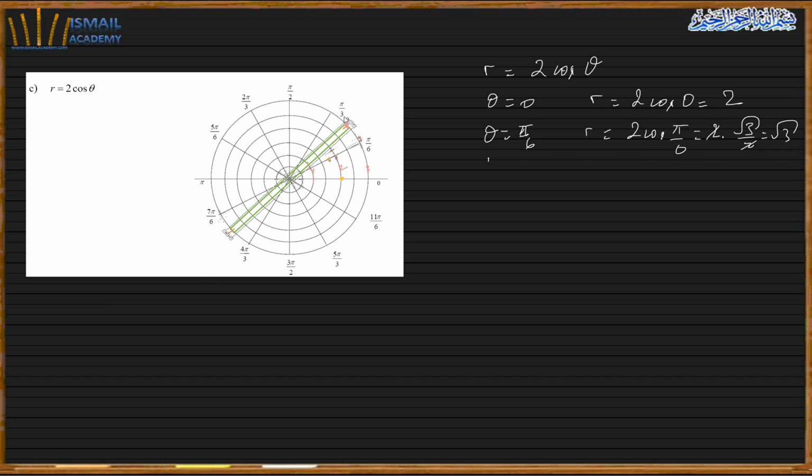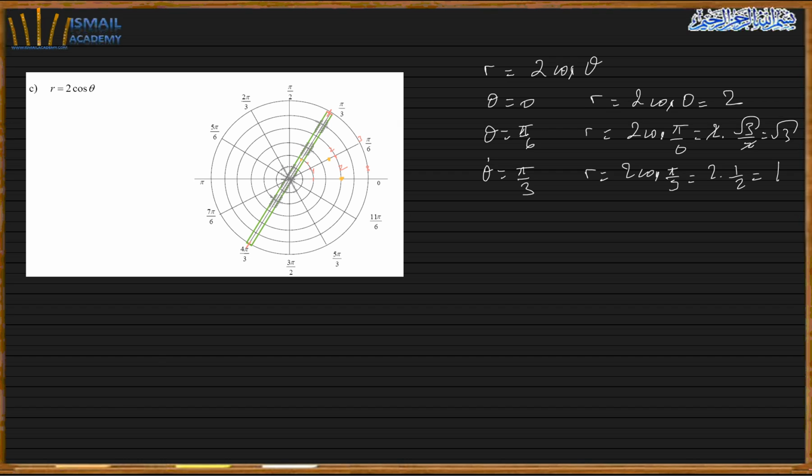Then what I do next, I rotate to pi over 3. Pi over 3 is half, so theta equals pi over 3. That means r will be 2 cosine pi over 3, which is 2 times half, which is 1. So that means my point here for pi over 3 will be at 1. You see?